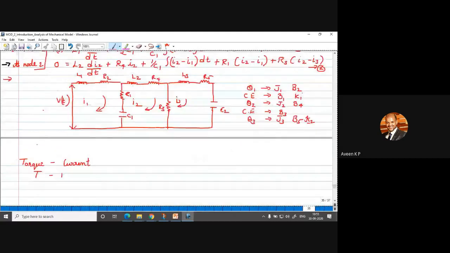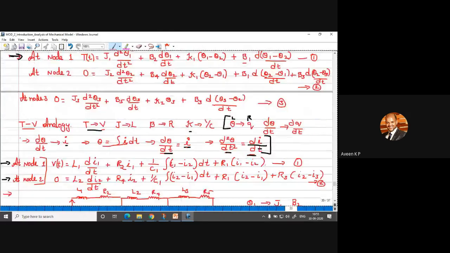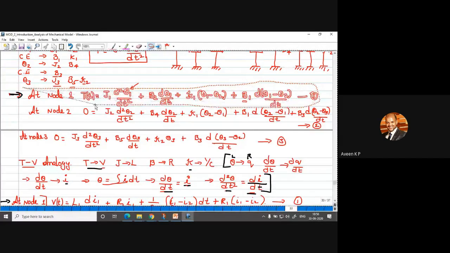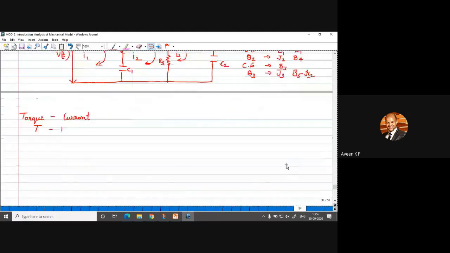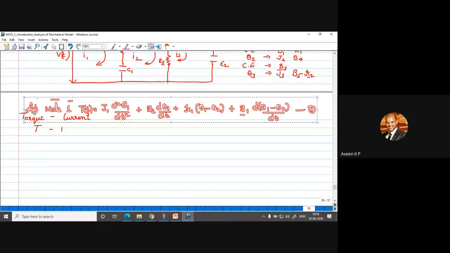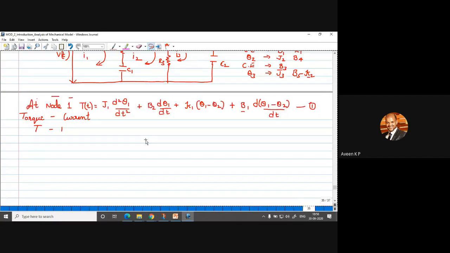Okay, so before that, let me copy my mechanical system, the first equation. See, this is the equation that I am copying. So please consider the above equation.